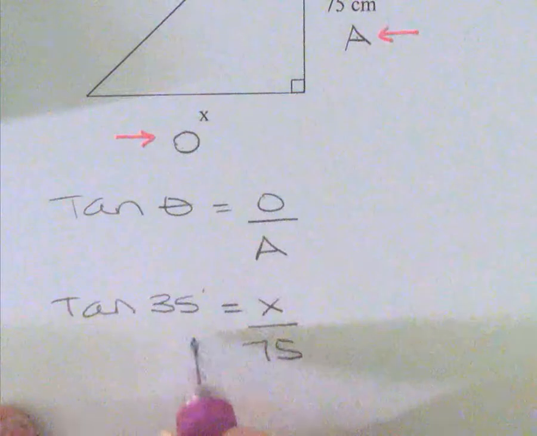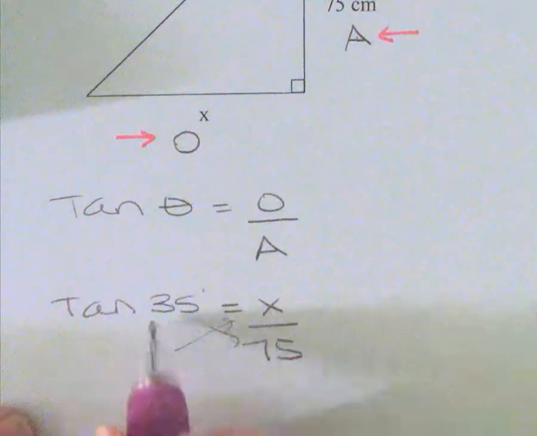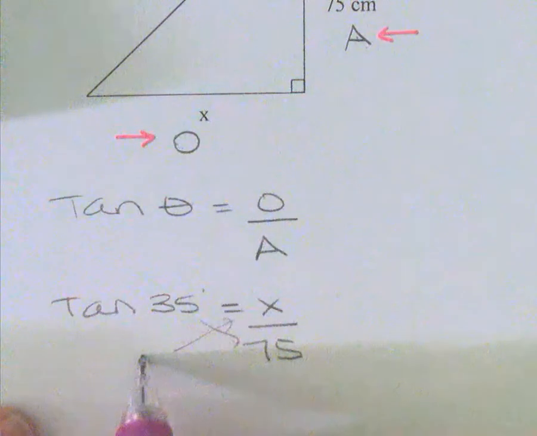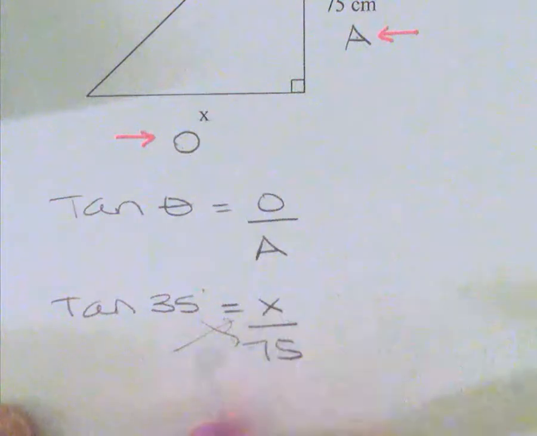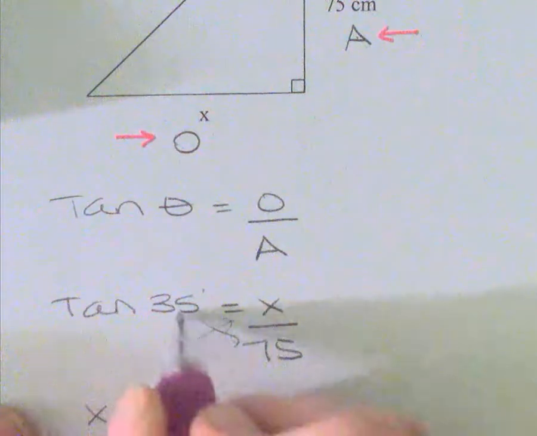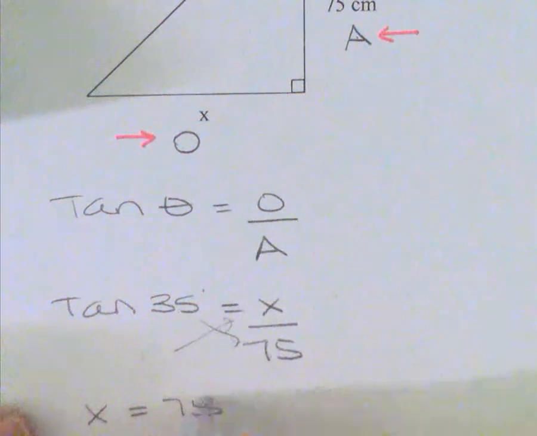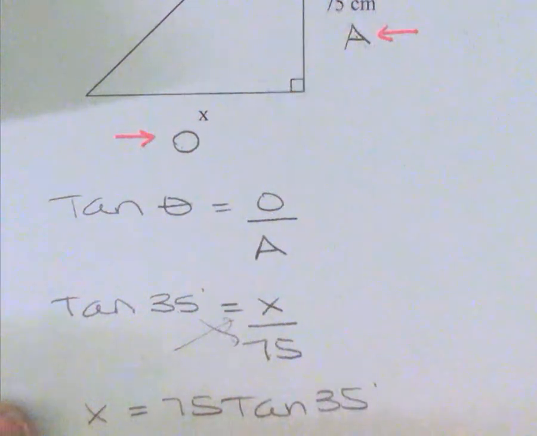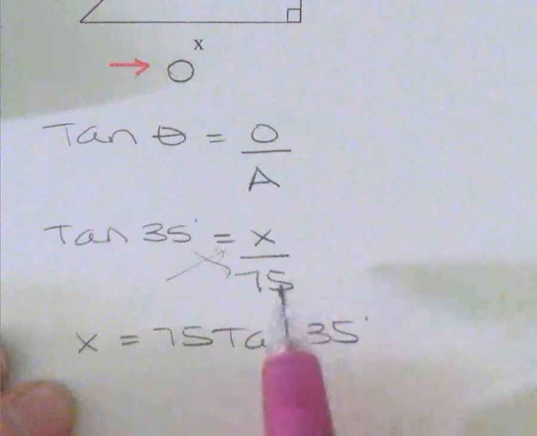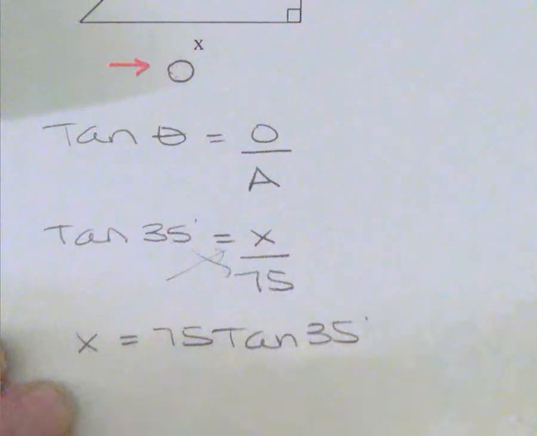And then I cross multiply. This is like tan over 1. So 1 times x is x. And this times this would be 75 tan 35. We always put the side in front of the tan or cos or sine ratio.